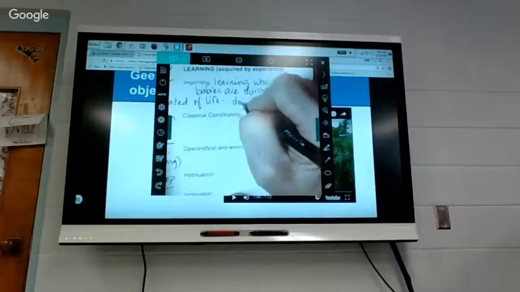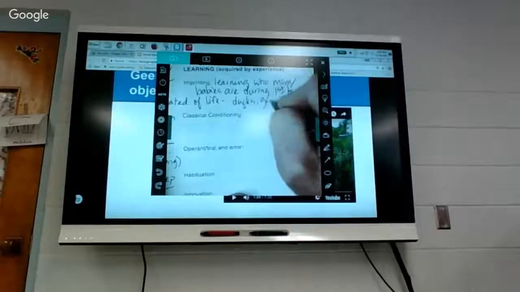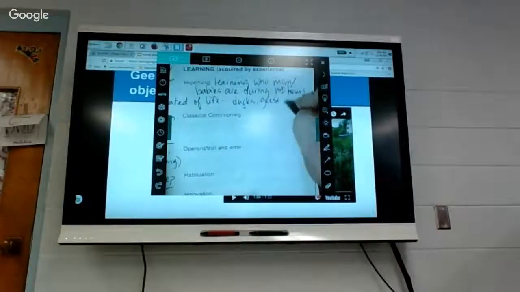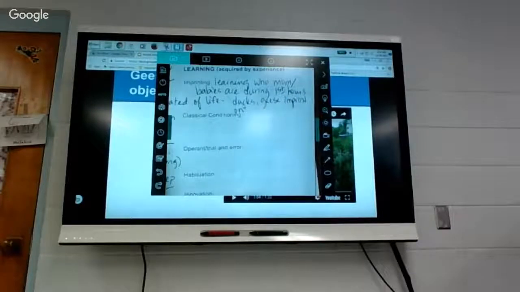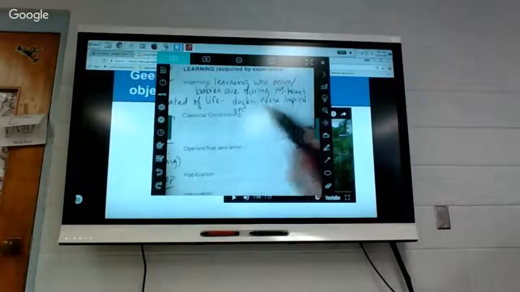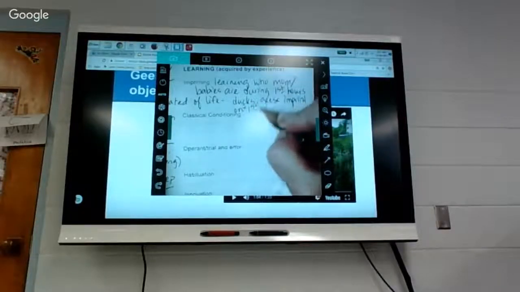So think about ducks, geese, they imprint on the first moving object. Even if it is a tractor, a lawnmower, or a bike, that moving bike, and they think that's what they look like at first. So they imprint on the first moving object.